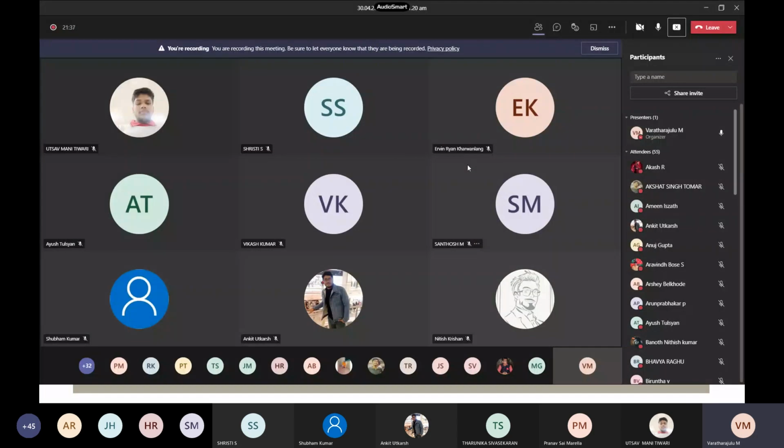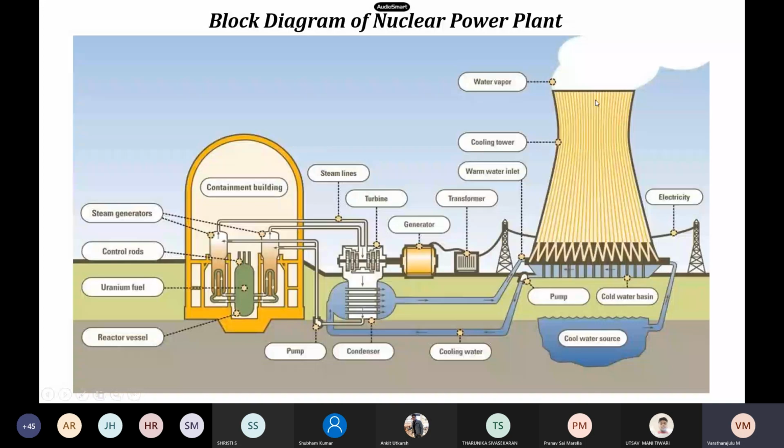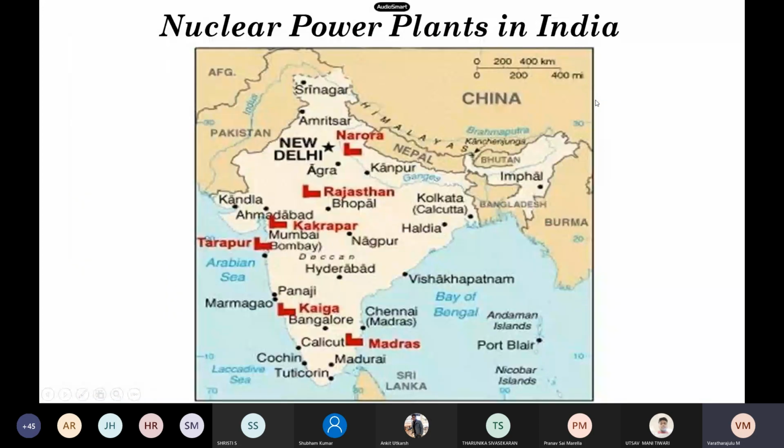Okay, okay. Yes, this is the block diagram. And nuclear power plants in India. We have various nuclear power plants in Tarapur, Kakrapar, Rajasthan, Narora, and even Madras, which is now Chennai, and in Kudankulam we also have a new nuclear power plant.